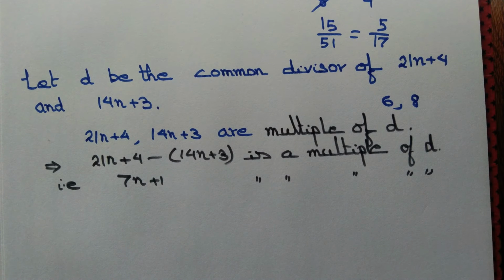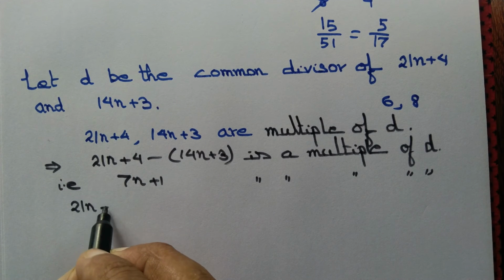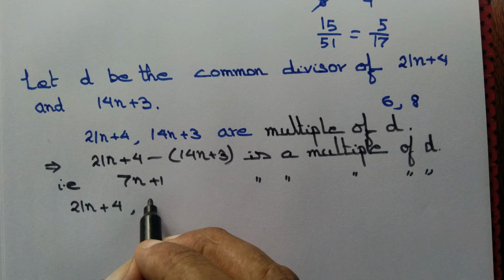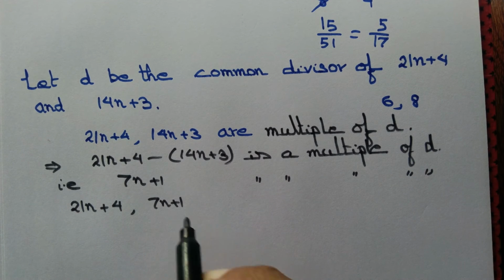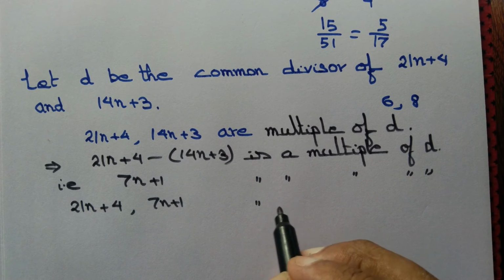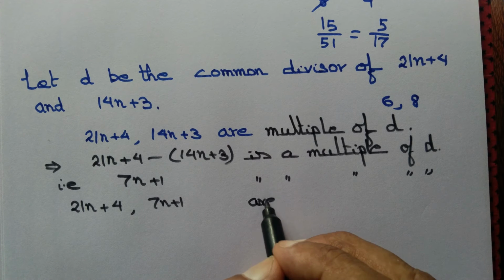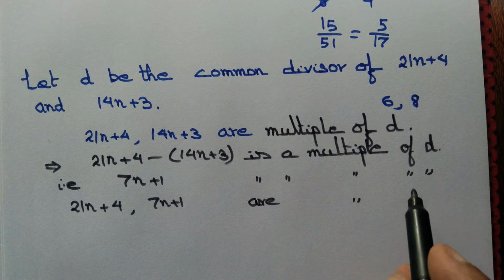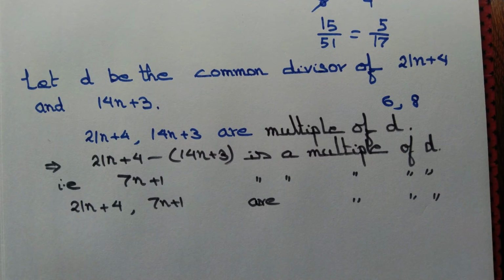So what is the conclusion? 21n + 4 and 7n + 1 are multiples of d. If these two are multiples of d, then their difference has to be a multiple of d.